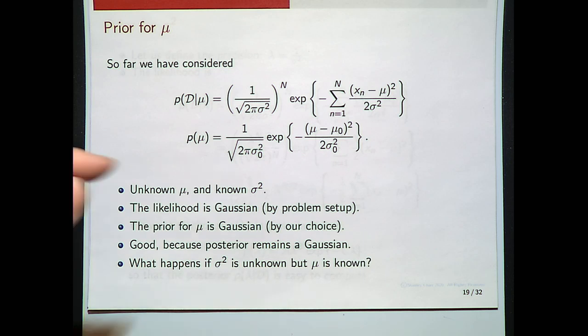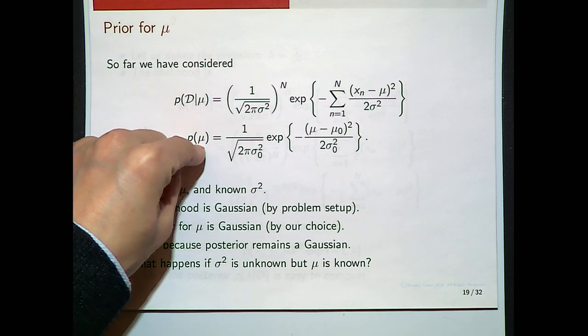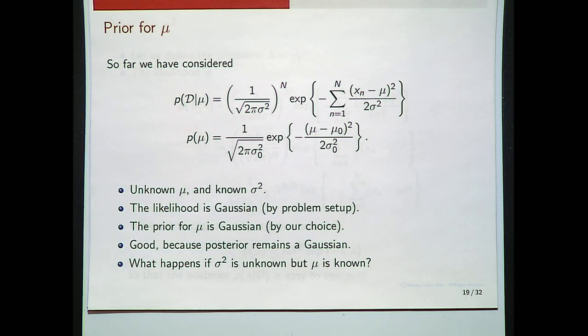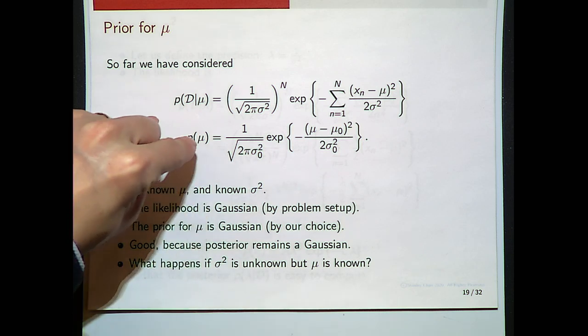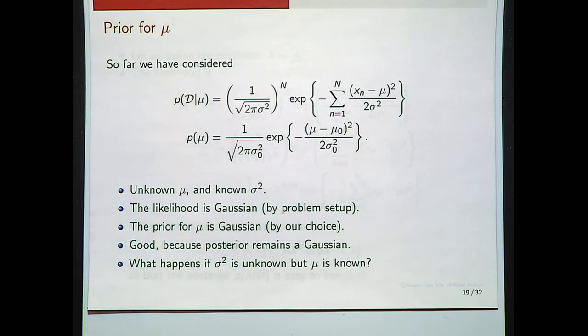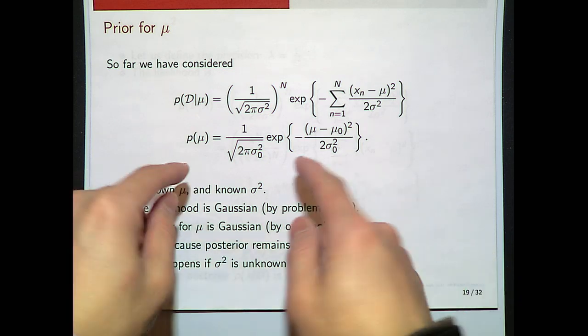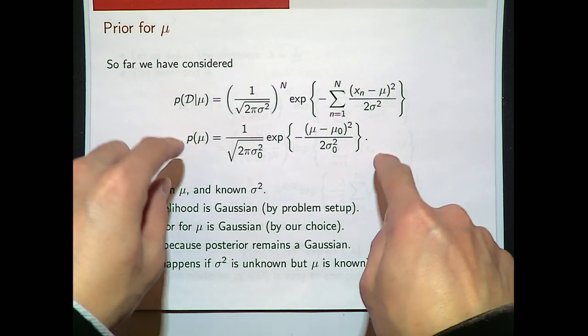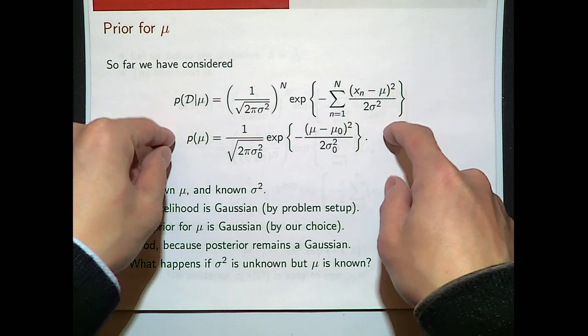If you change this to some complicated distribution and multiply that, and then you want to calculate the mean, it's just extremely tedious. Now, if you multiply two Gaussians, it's still a Gaussian. It's just a little bit of work, and then you can still find the mean and the variance in the exact same form. So that will motivate the use of a prior distribution that takes the same form as the likelihood.